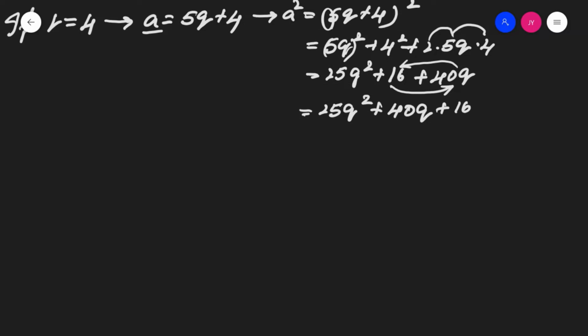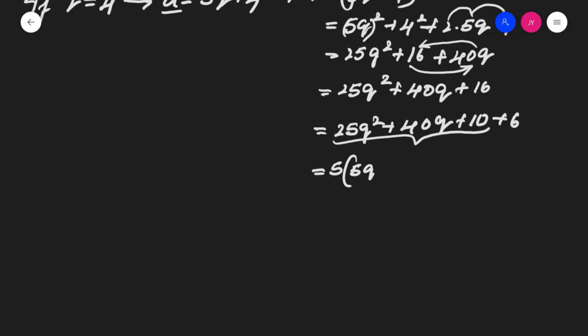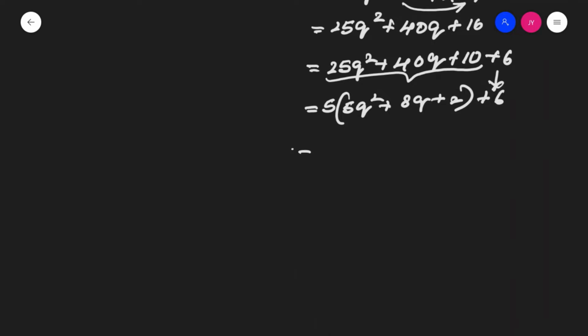Right? What can we write 16 as? We can write it as 10 plus 6. So now let us take 5 common in these three terms. If we take 5 common, we'll get 5q square plus 8q plus 2, plus 6. 6 is here. So let us take now this value as p.